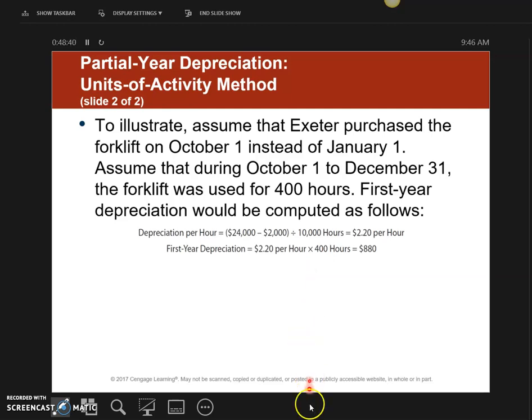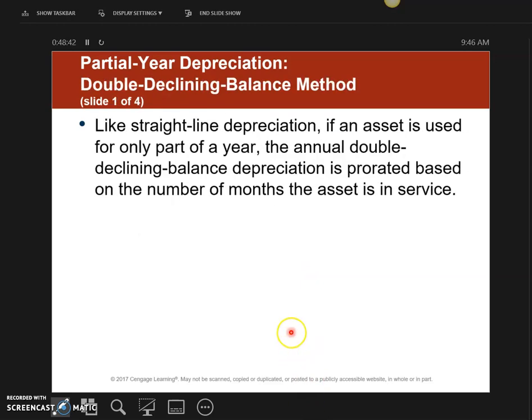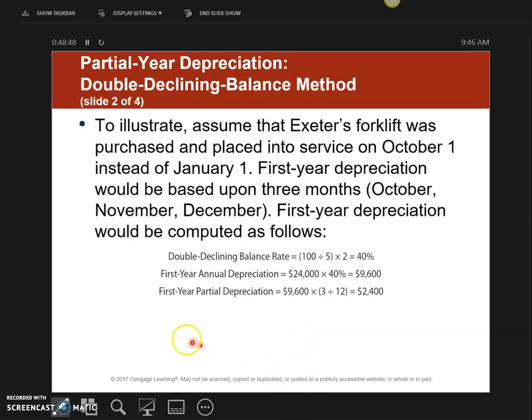So now let's move to double declining. Here's where it gets a little bit more difficult. It's prorated just like straight line. So we're going to go back to our double declining. We calculated 40%, if you remember correctly. So the first year was $24,000. By the way, remember, we take the cost or the book value at the beginning of the year times 40%.